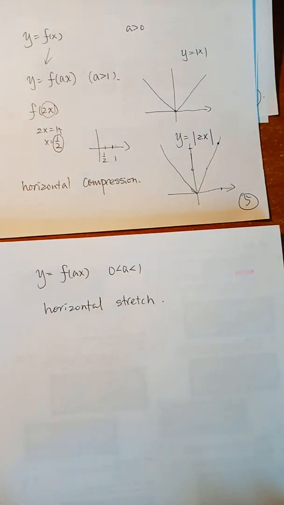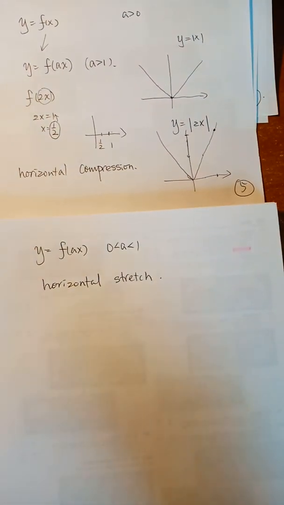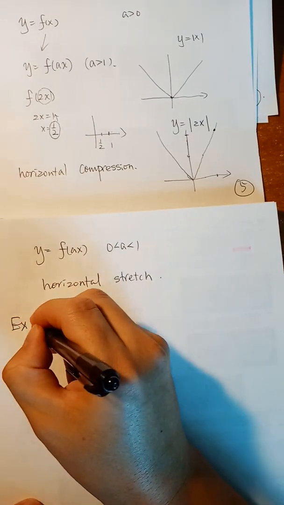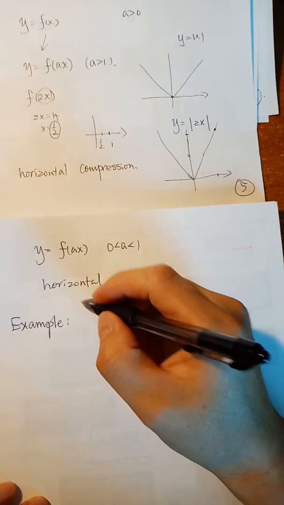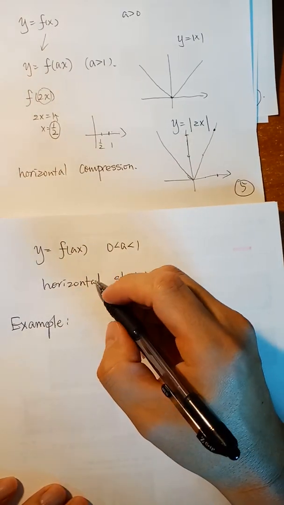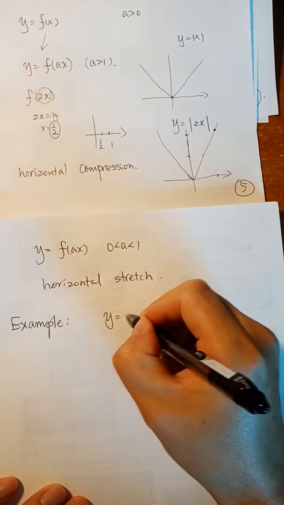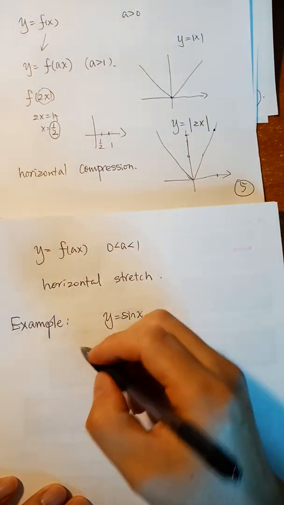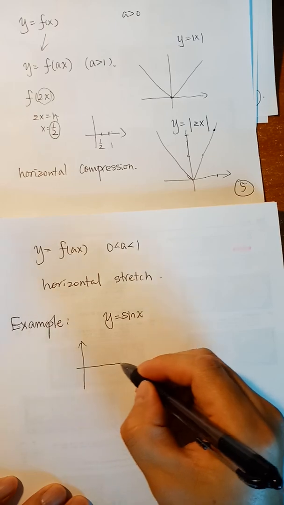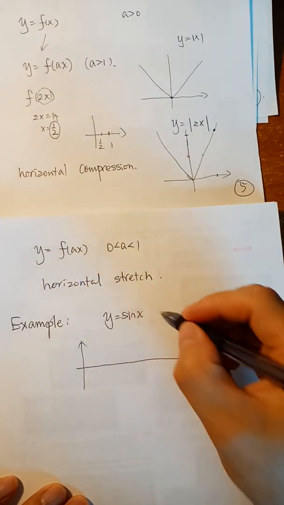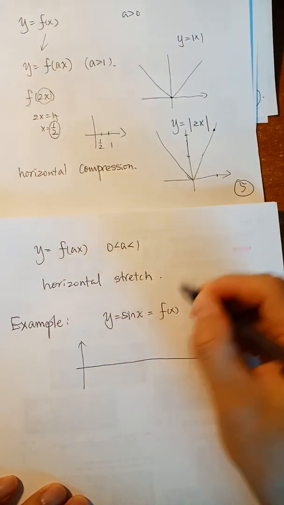Okay, so let's check. Assume we have a sine function. A sine function is a wave function like this. Or even we don't care what name you have, let's just call it f(x).